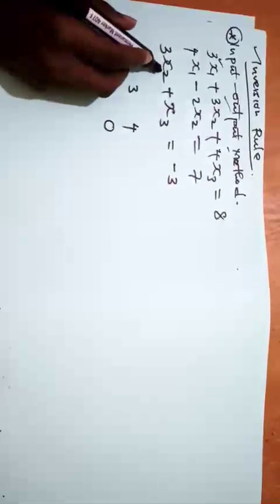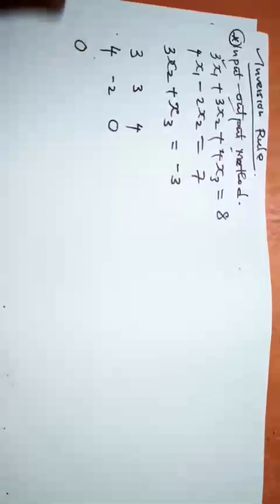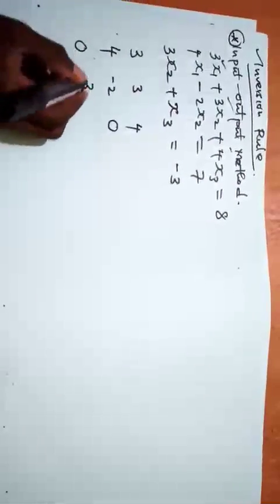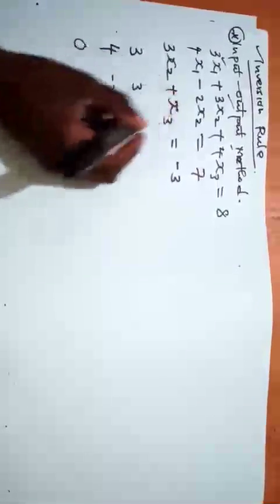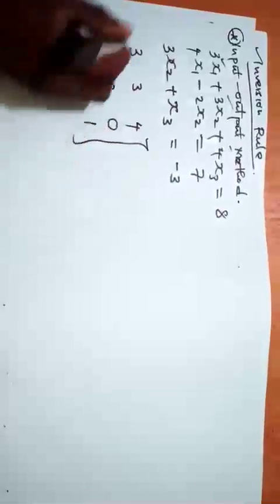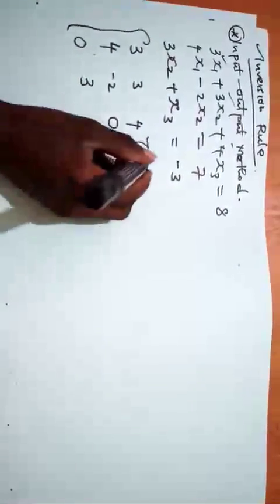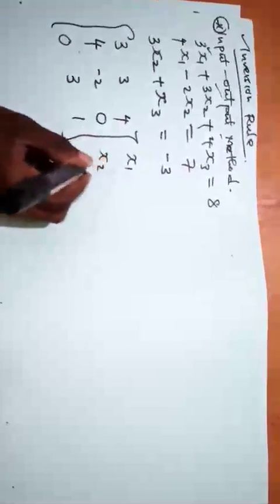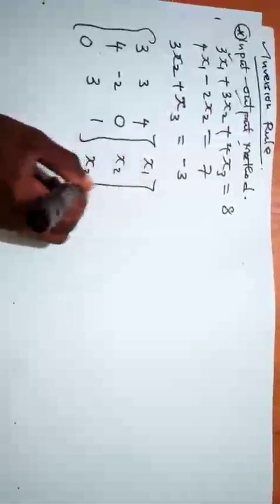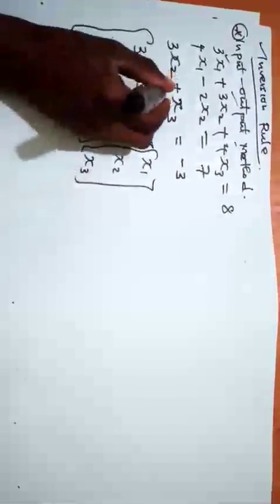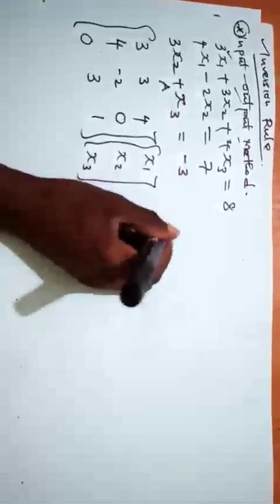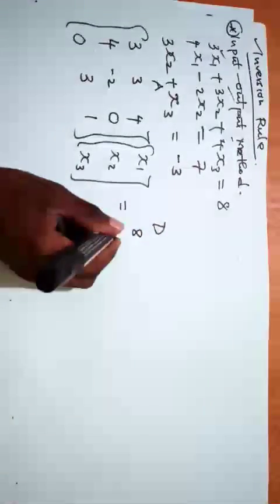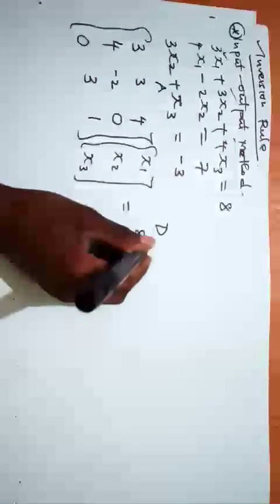Here we have x2, we don't have x1, so x1 is going to be a 0, x2 will be a 3, and x3 is going to be having a 1. Then we are going to have x1, x2, x3. So these are the A matrix. So our D matrix is going to be 8, 7, negative 3.